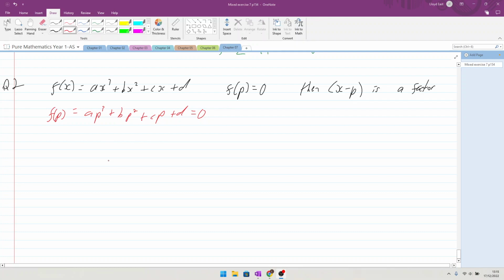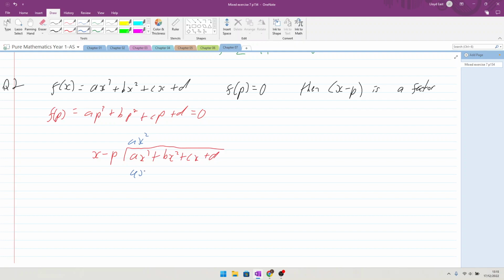Next we will do the division, so we will take x minus p and we will divide it into ax cubed plus bx squared plus cx plus d. So what do I need there? I need to multiply by a ax squared, and that will leave me ax cubed minus apx squared.